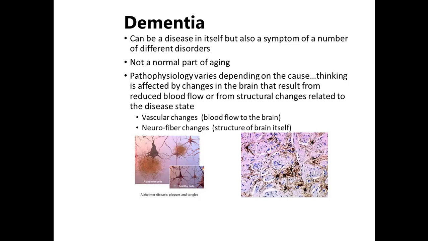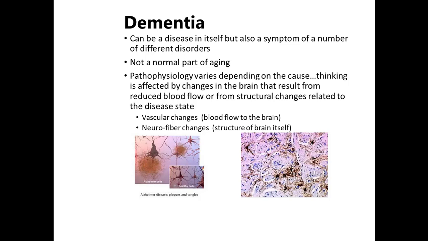And like I've stressed a million times, it's not a normal part of aging. The pathophysiology really depends on the cause. If it's vascular dementia, maybe they had a stroke in the past. If it's Lewy body dementia, maybe they have Parkinson's. So it just depends on what the cause is.